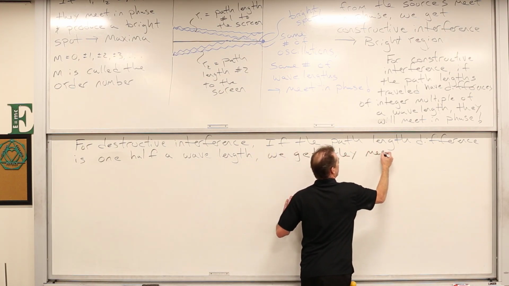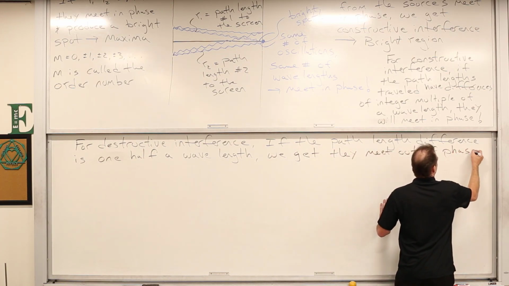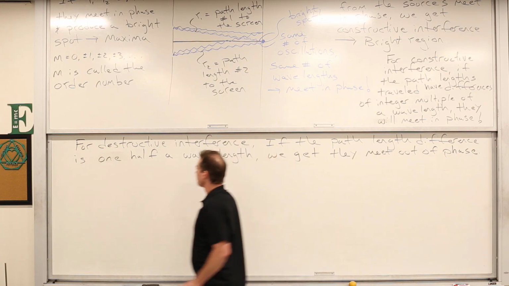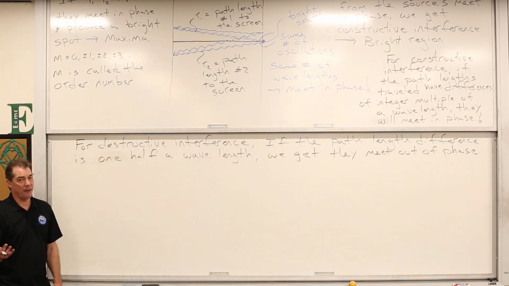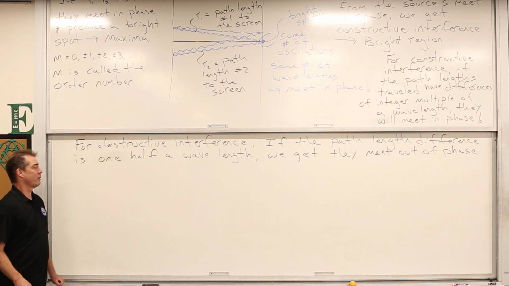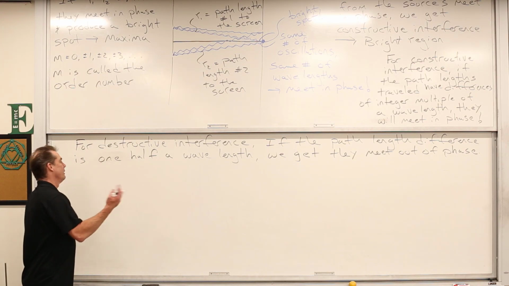They meet out of phase. But again, we don't just want 1/2, but we don't want 2/2. 2/2 is equal to 1. So it's 1/2, 3/2, 5/2, 7/2, so on.